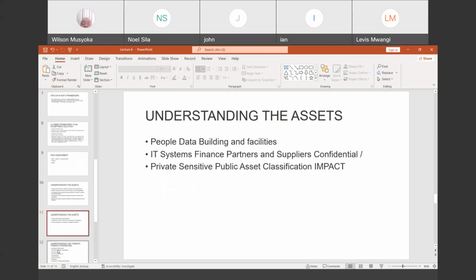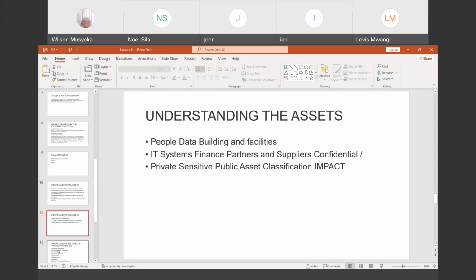So, when we understand these assets, then we are going to build the data and the facilities. How do we build the data? Let's take another example, like a marketing institution. How does it build its data? By collecting, maybe, user reviews, getting feedback from customers. And when they build that data, then they can build products based on the data that has been collected, and they need to protect this data they have collected.